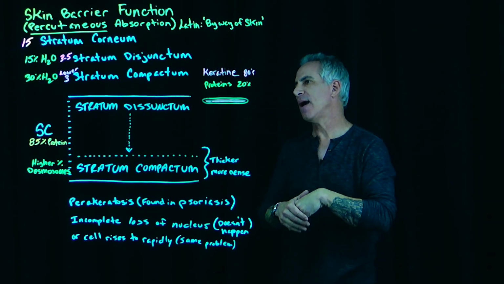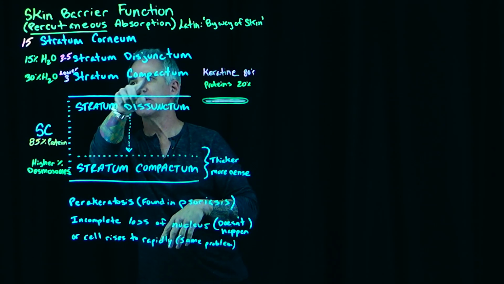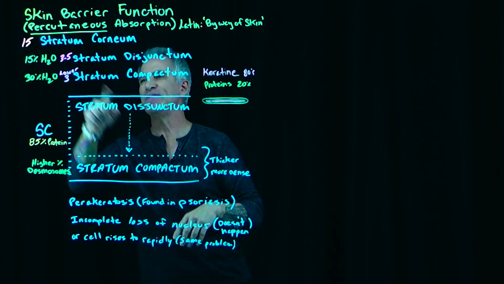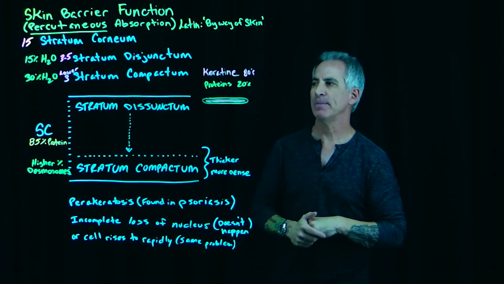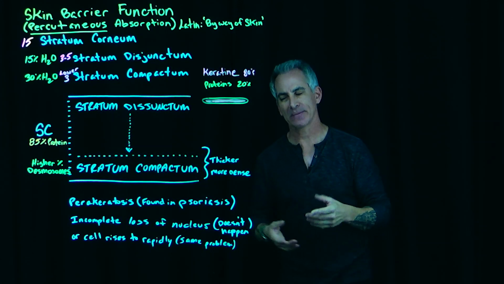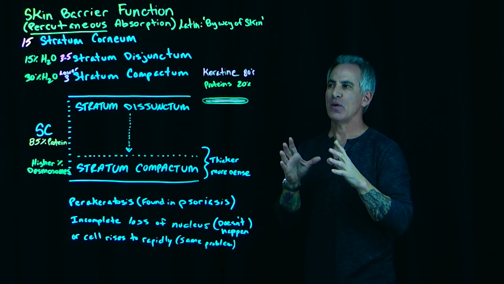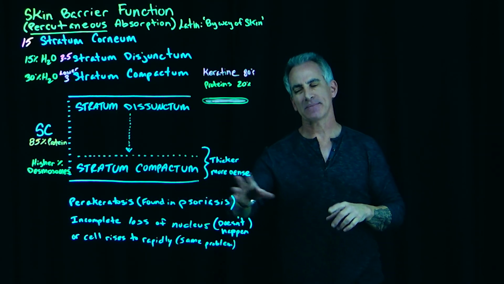And up here what we have is the stratum disjunctum is 15% water, and the stratum compactum is 30% water. And the epidermis is about 70%.